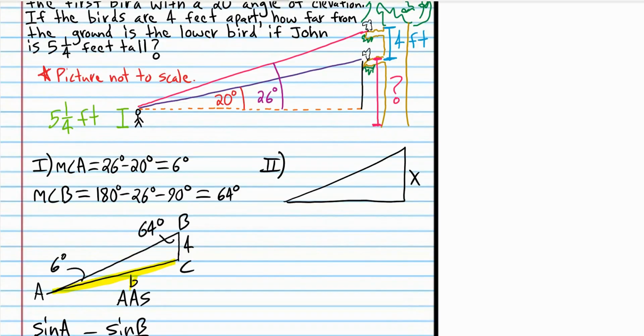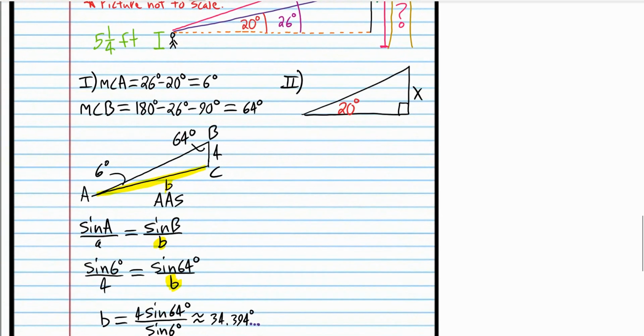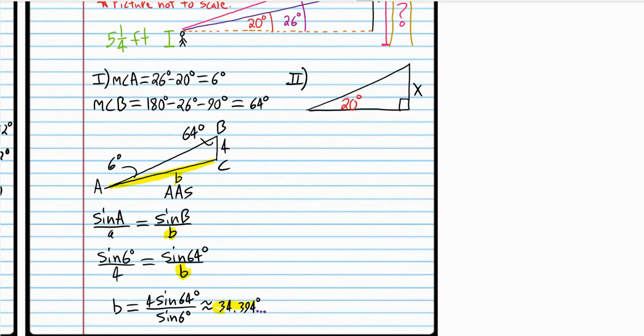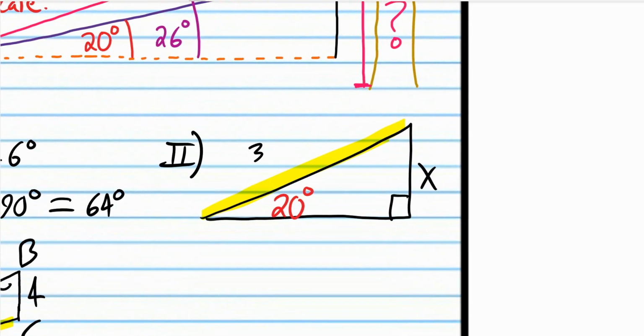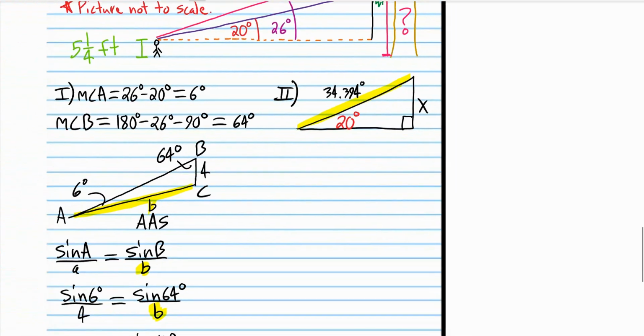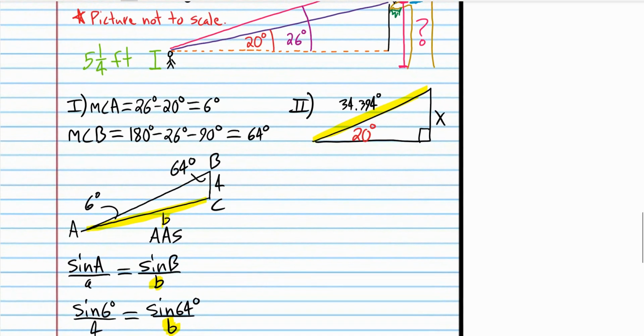And of course this angle would be 20 degrees. And we know this yellow length up here, that's the same yellow that you see at the left. That's 34.394. And again, you want to keep that number in your calculator.